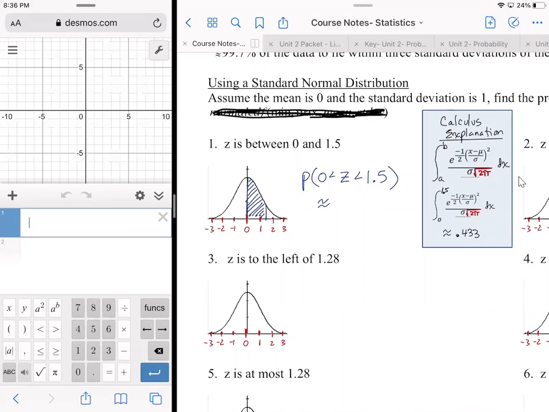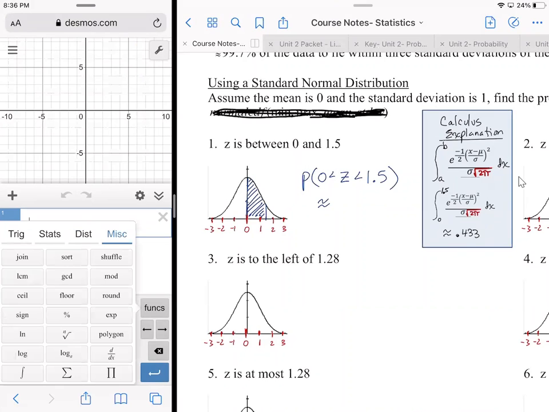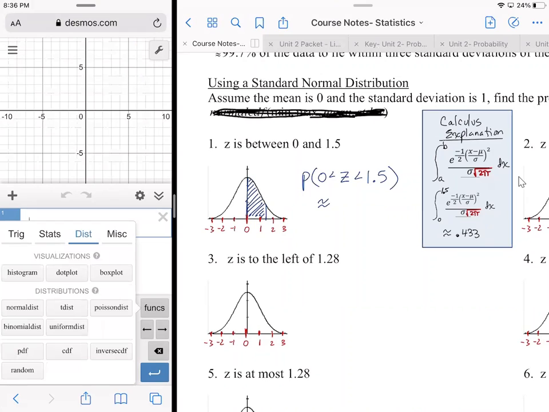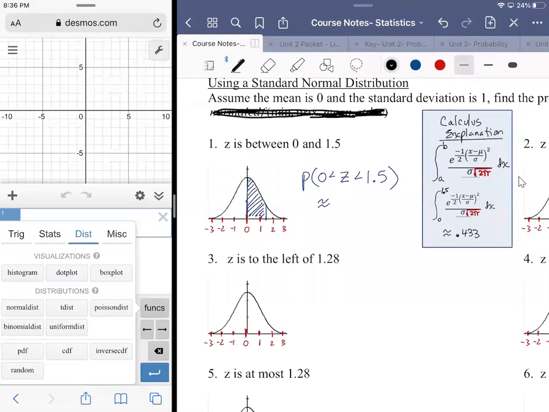So go to function. Under distribution, you see that there's an option for a normal distribution. So function, distribution, select normal dist.